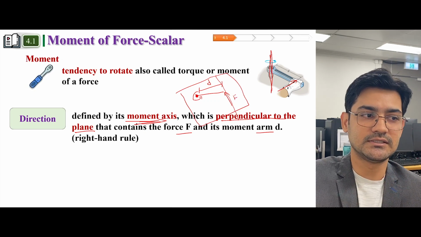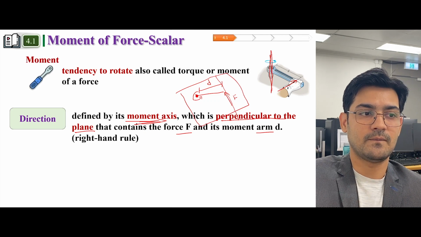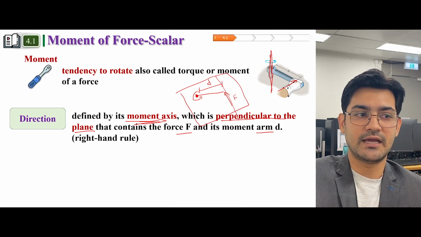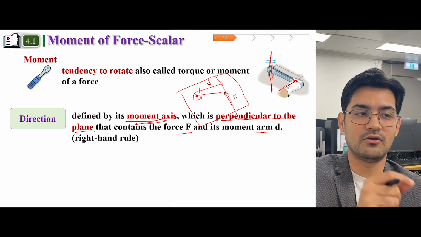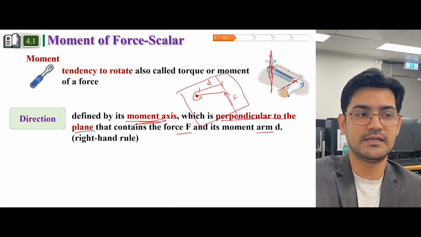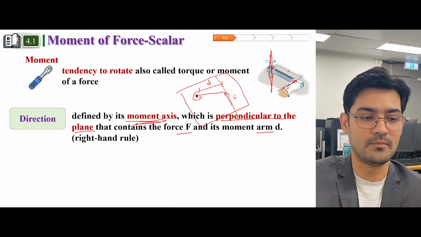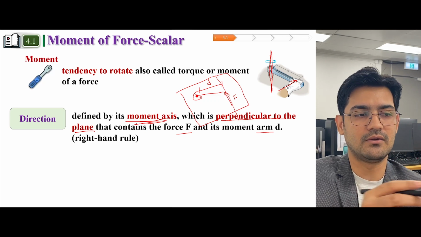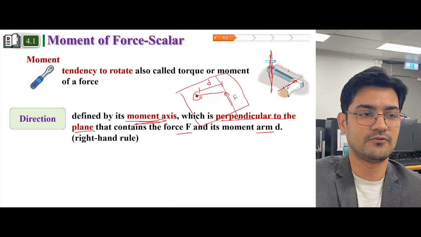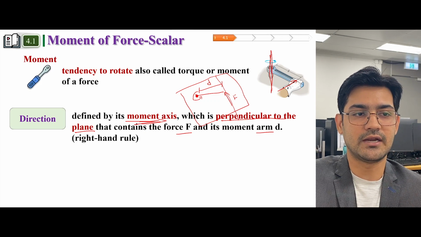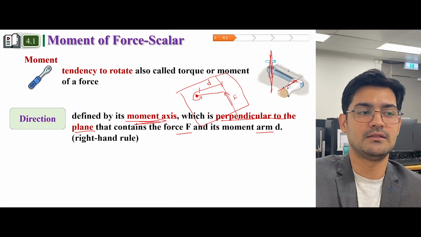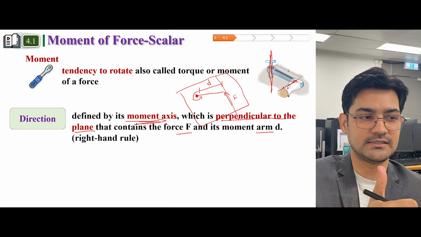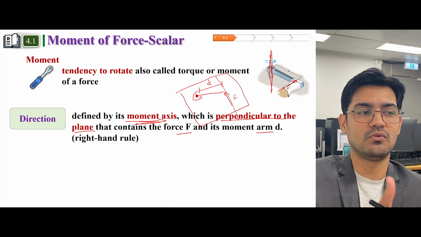If that's the situation, then you see a direction pointing upward from the plane or downward, and this is the direction of moment. We'll go into detail about the direction concept, but for now, you can try to understand that if a force and distance are on the same plane, then the moment axis would be perpendicular to that plane.